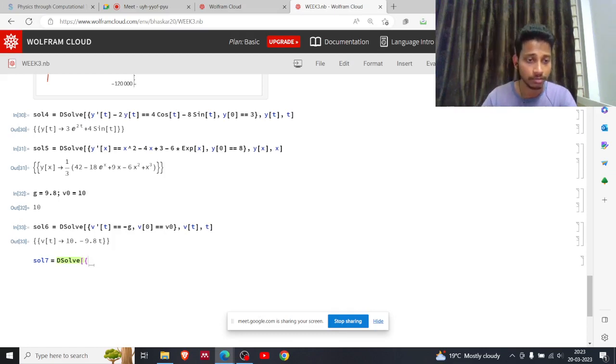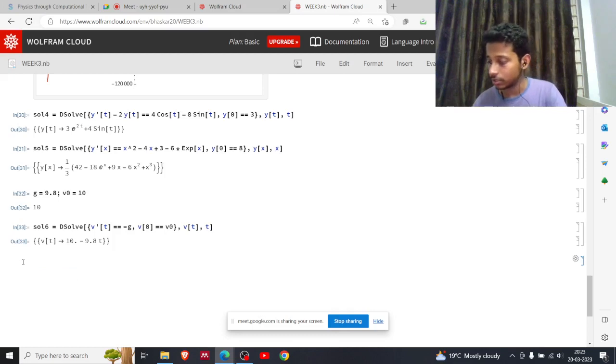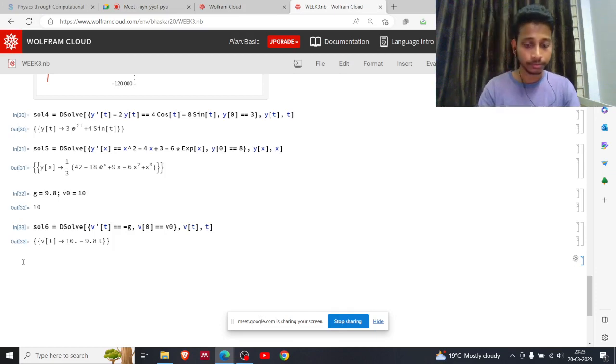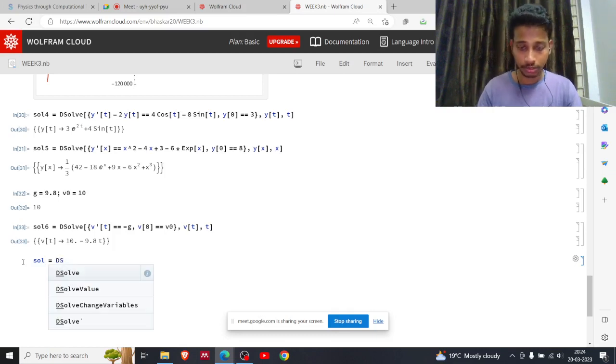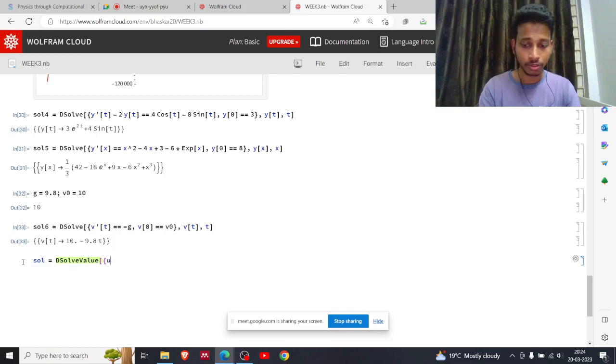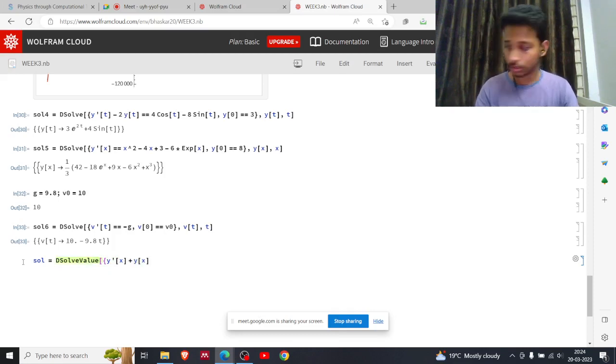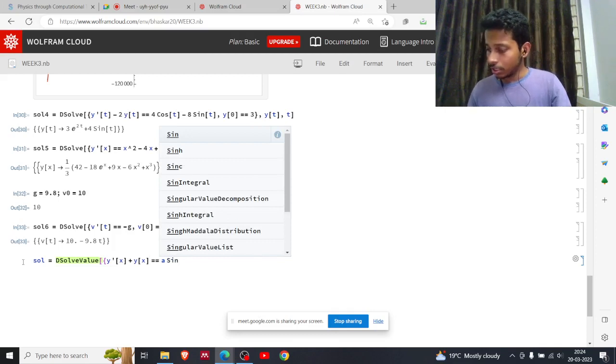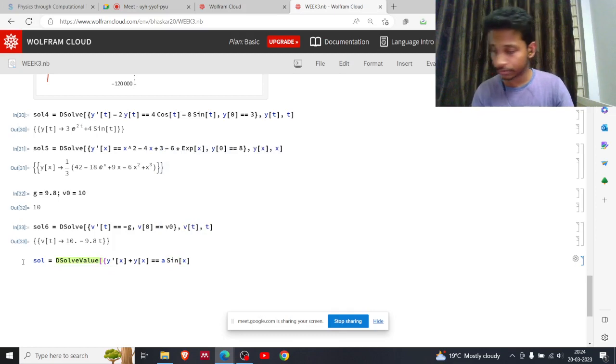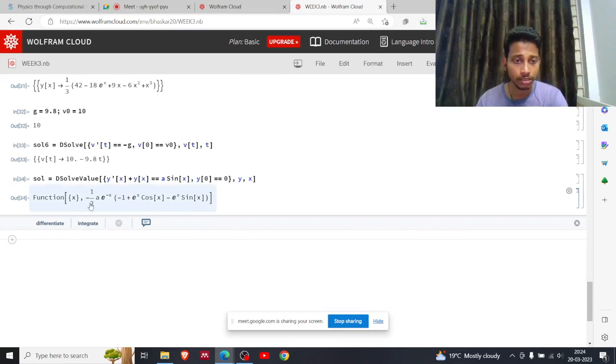Oh, okay, I have that example later, so I'll just stop here, and then I'll show the use of dsolve value, that is this one. dsolve y'(x) plus y(x) equal to a sin x, y(0) equal to 0, y(x). This is the solution of this particular equation.